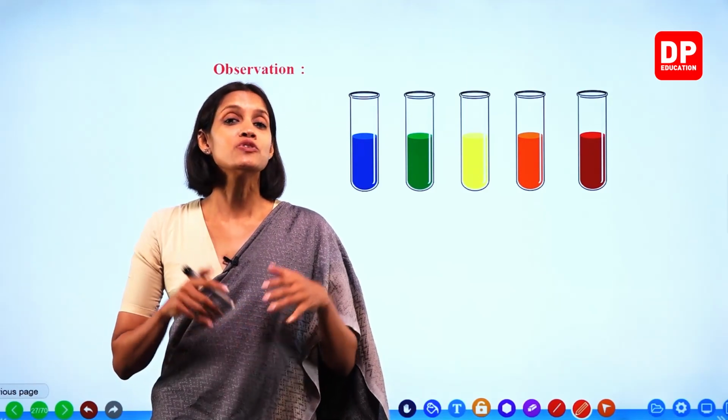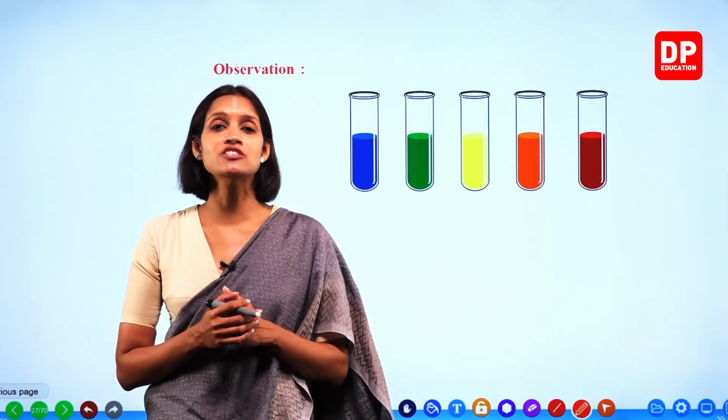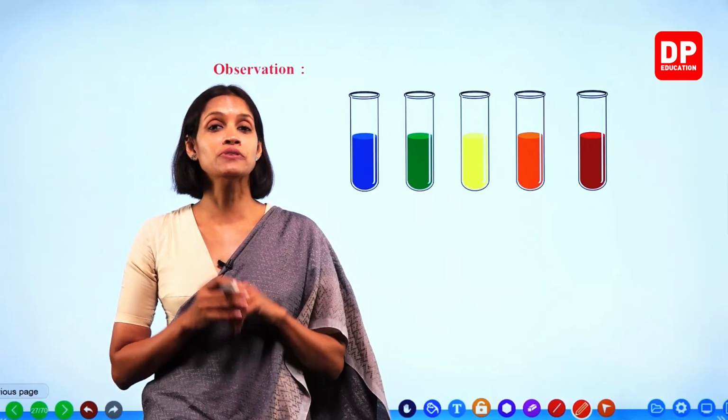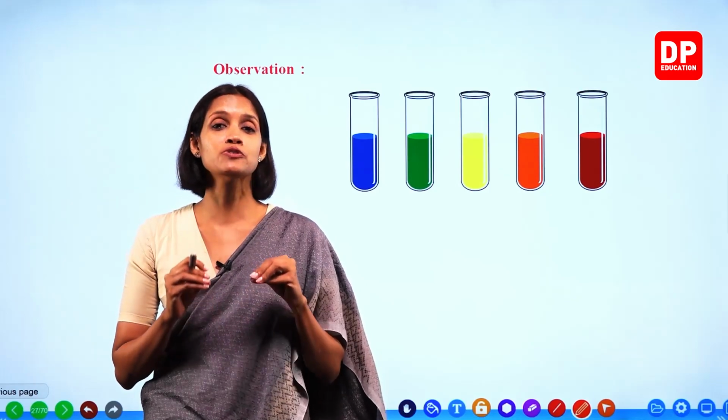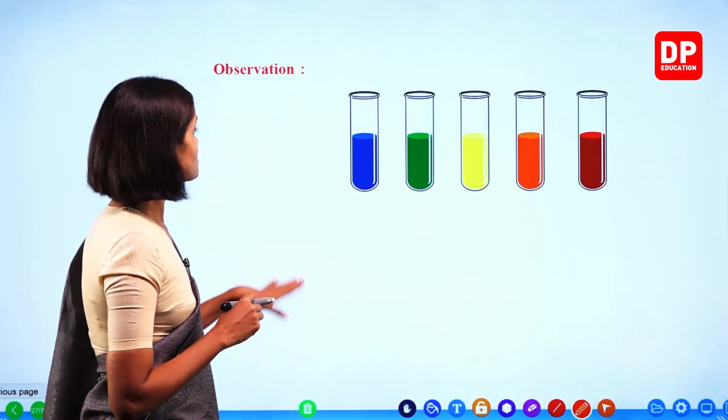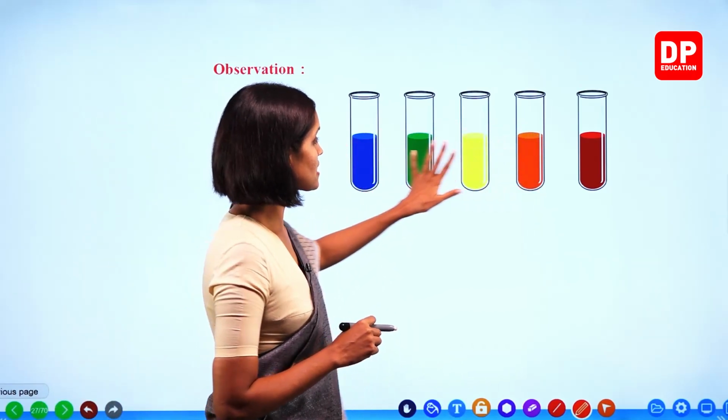Okay, children. So this type of color change is only given by glucose, so simple sugar. Therefore, this test can be easily used to identify simple sugar present in food. Okay. So here, this is the color change.